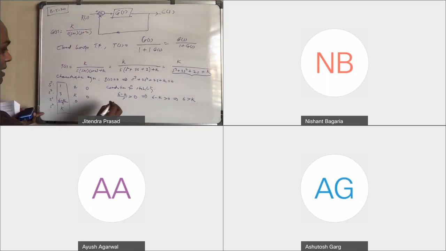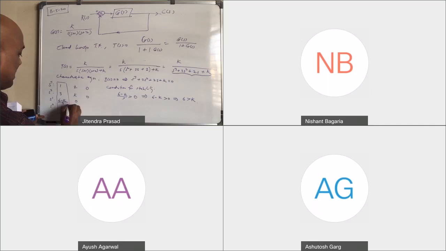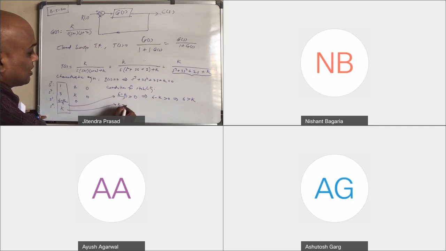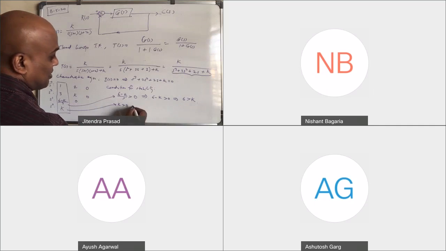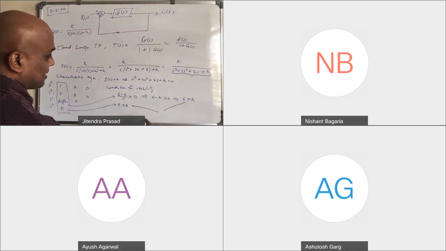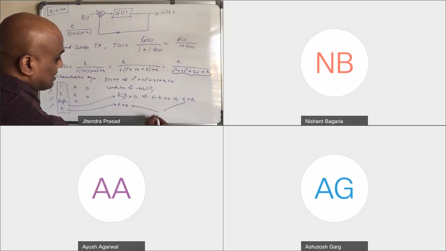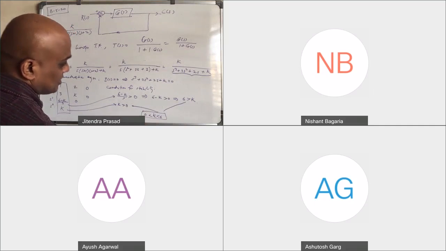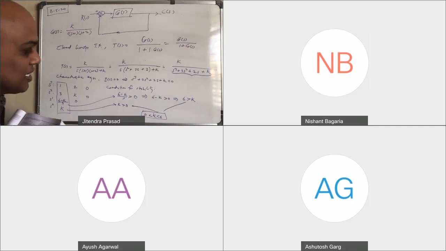The second is K has to be greater than 0. So from here and here, K has to be less than 6 and greater than 0. This is the range of K for which the system will be stable.